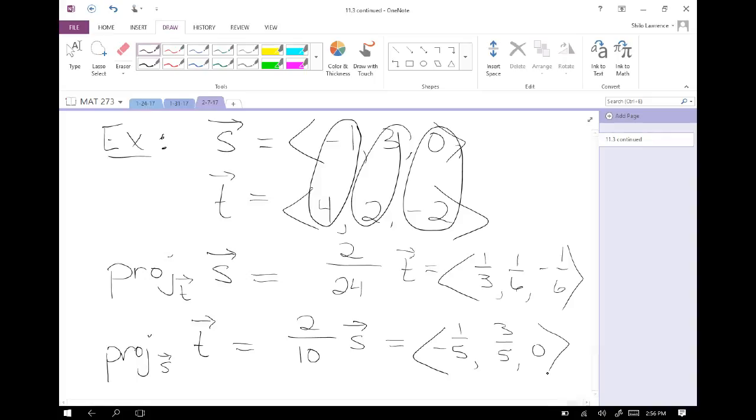So if I multiply through my S vector by a fifth, I get -1/5, 3/5, and then 0 still. 0 times anything is 0. So the projection of S onto T, projection of T onto S, two completely different answers.